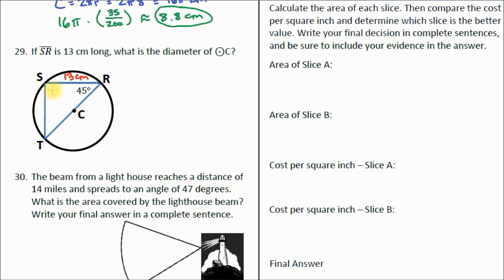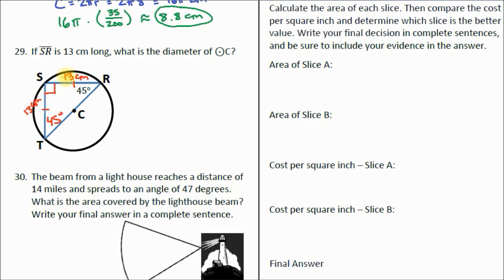That means this is a right angle. If that's a right angle, we can find the rest of the degrees by subtracting 90 and 45 from 180. That makes it a 45, 45, 90 triangle, which is an isosceles triangle. And that means we know these two legs are congruent. So this side is also 13 centimeters.